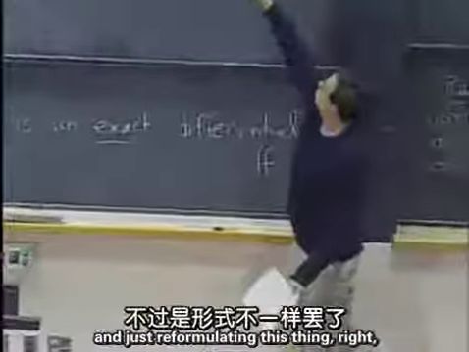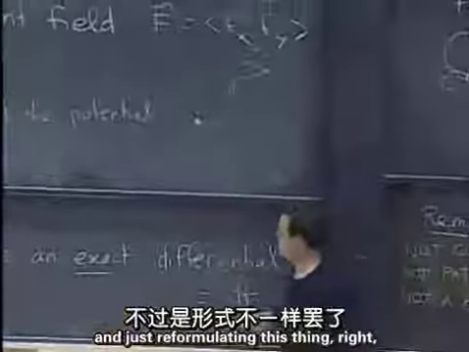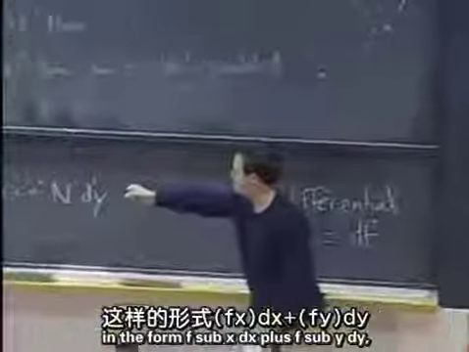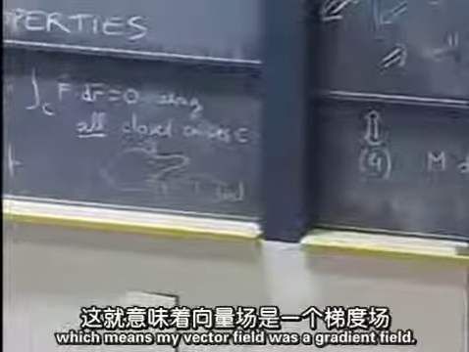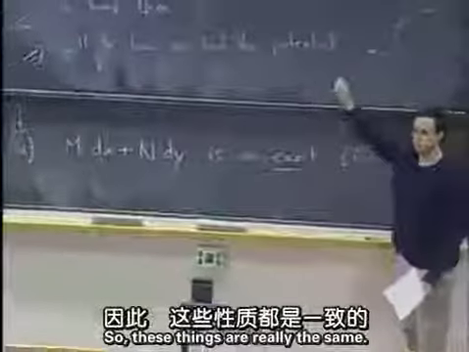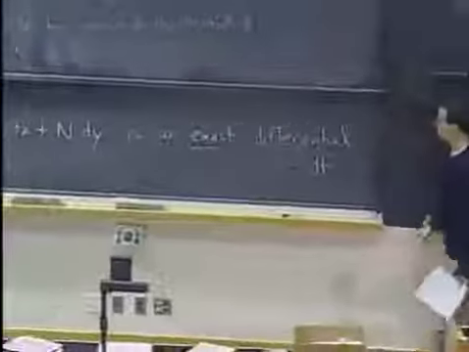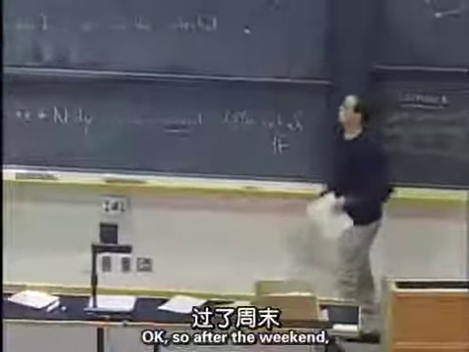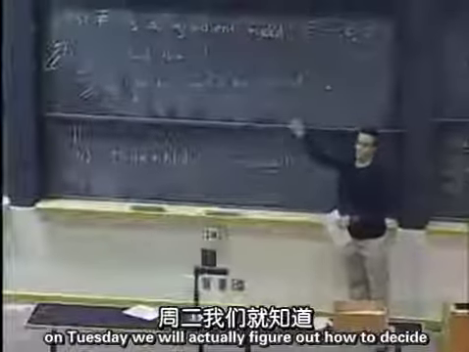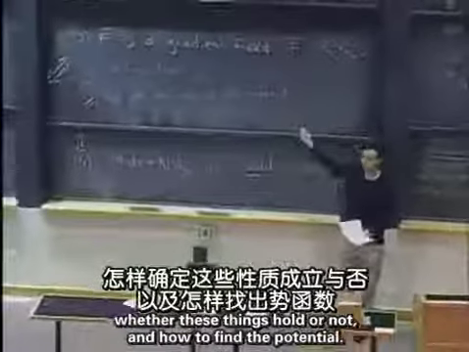And I'm just reformulating this thing, right? Because I'm saying I can put it in the form f sub x dx plus f sub y dy, which means my vector field was a gradient field. So these things are really the same. Okay, so after the weekend on Tuesday, we'll actually figure out how to decide whether these things hold or not and how to find the potential.